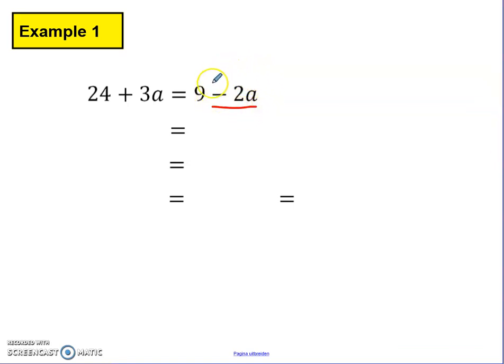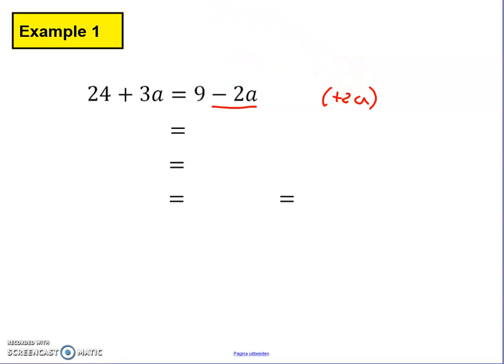Well, in fact, I do the opposite. To remove minus 2a, I have to do the opposite, and that is plus 2a. So I've already decided who has to move, who has to go away. That's minus 2a. I can do that by adding 2a.